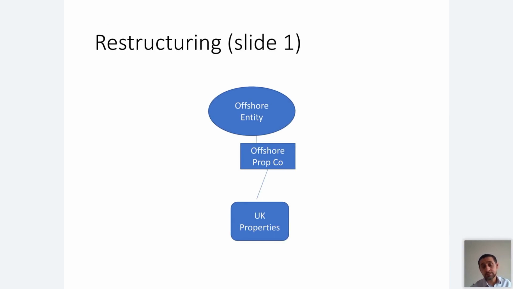So for example, here we have one scenario where we have an offshore BVI or Jersey-based or Guernsey-based company that owns some properties in the UK through another property company, and the owners realize it's costing them an arm and a leg to keep the BVI company, plus it's not tax efficient, plus a lot of tax problems, commercial problems.